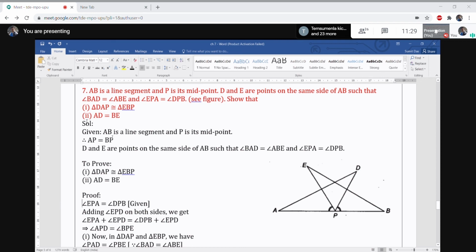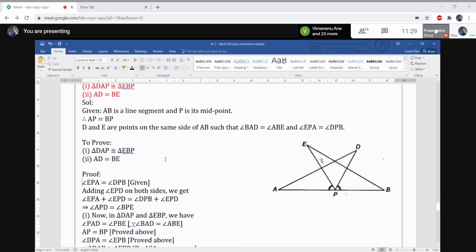Okay, we are saying given that AB is the line segment and P is the midpoint, so we can write AP equal to PB, right? And D and E are on the same side such that this is given, so I just wrote it like this. Now whatever we have to show, that we have to prove, is what I wrote here.